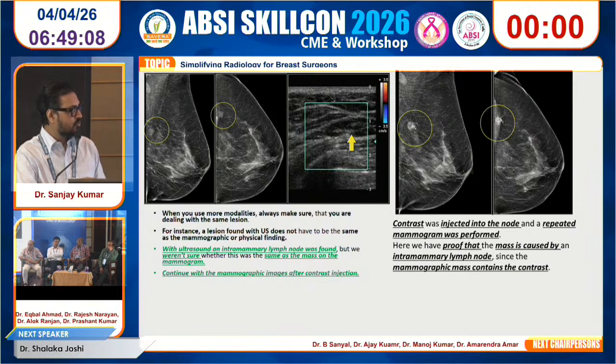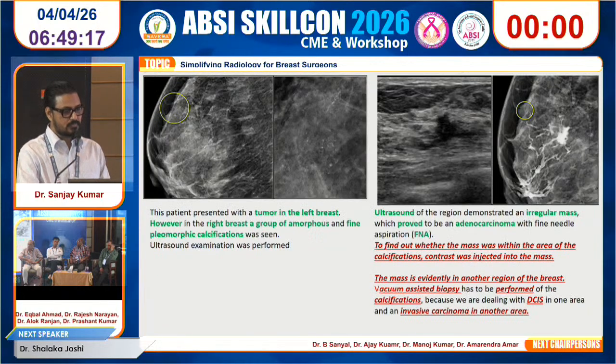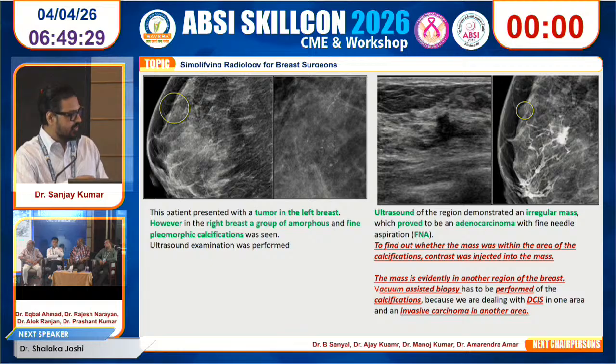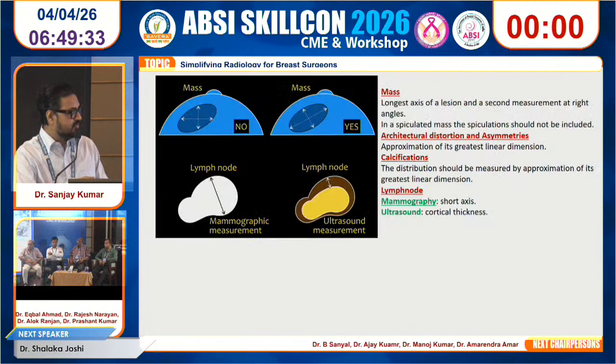Here we have to prove that the mass is caused by an intramammary lymph node, since the mammogram mass took contrast. This is the contrast imaging confirming the mass. Here the patient has a tumor in the left breast, however the right breast shows amorphous fine calcification, and ultrasound shows an irregular mass, and adenocarcinoma is proved.